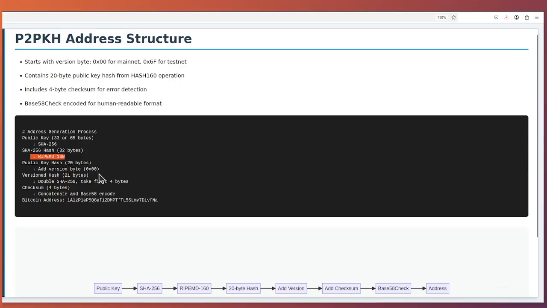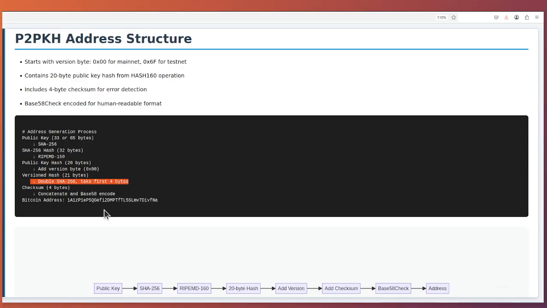To this 20-byte hash, we prepend a version byte. For mainnet P2PKH addresses, this version byte is 0x00, which will eventually result in addresses starting with the number 1. For testnet P2PKH addresses, the version byte is 0x6f, resulting in addresses starting with M or N. This version byte allows Bitcoin software to immediately identify what type of address it is dealing with and which network it belongs to.